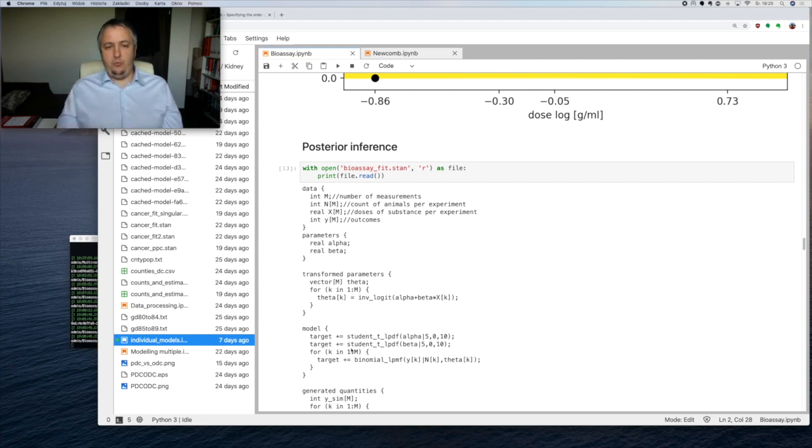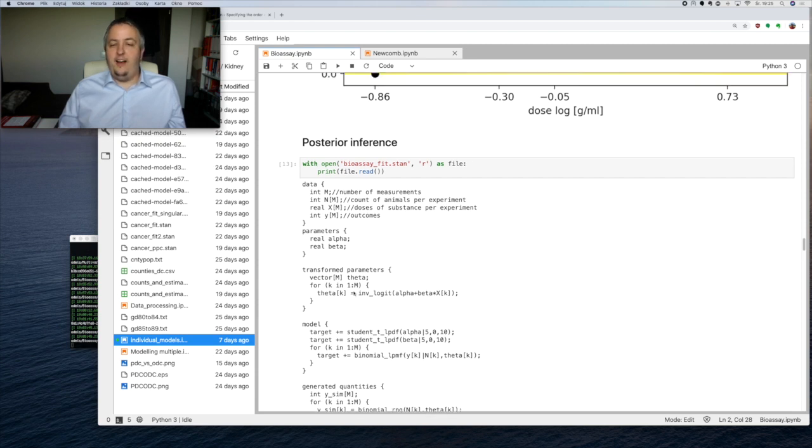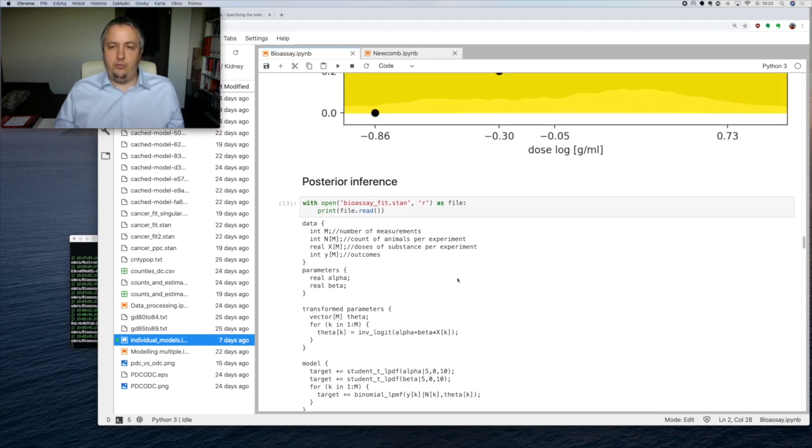Theta parameters will actually not be sampled from the distribution, will be conditional on alpha and beta, but it makes our representation a bit easier in what we want to do. So each element of the vector of theta parameters will be generated by inverse logit transformation of alpha plus beta times appropriate dose of medicine.